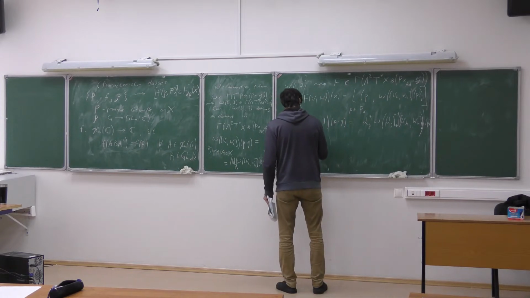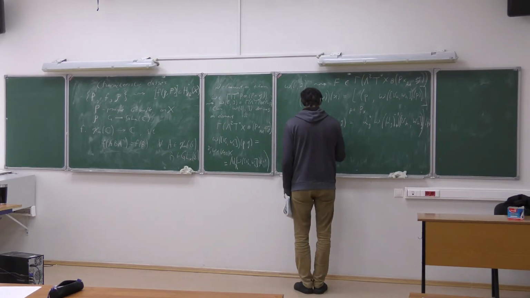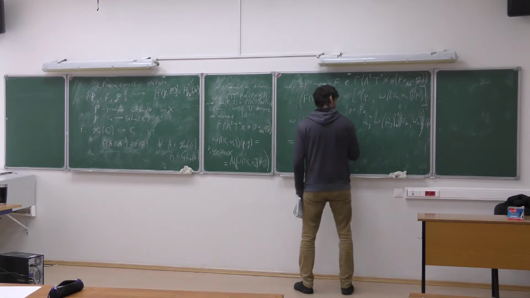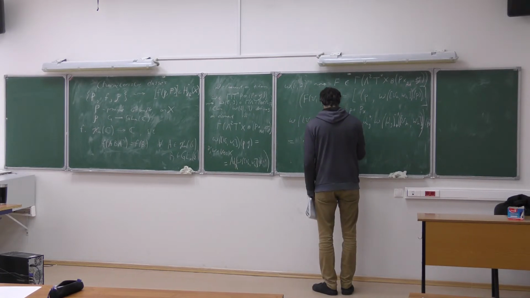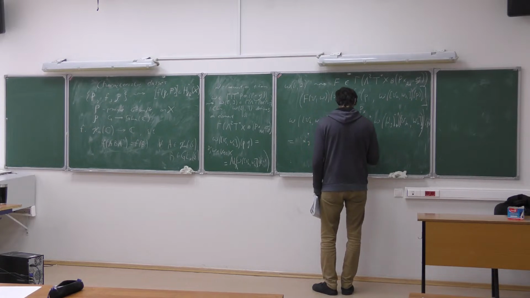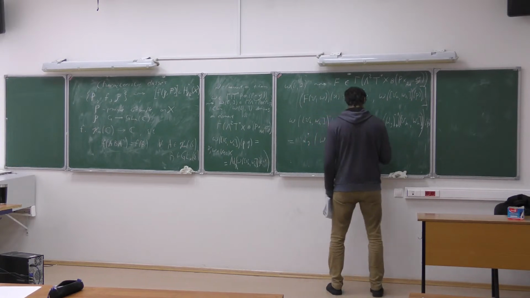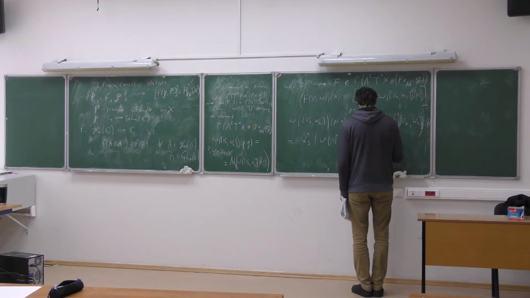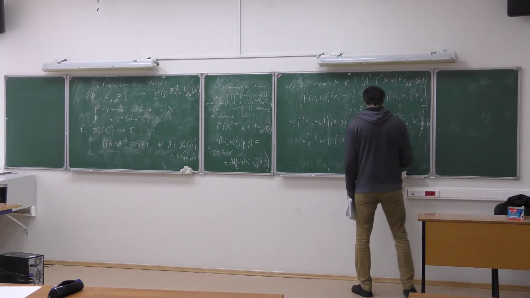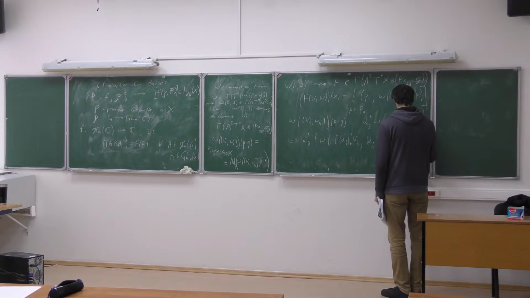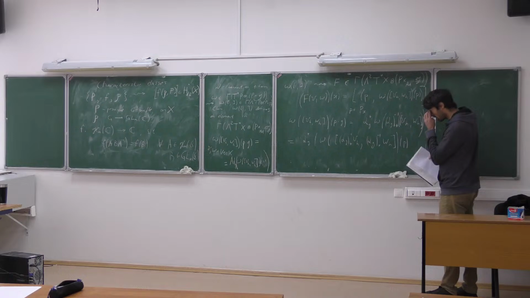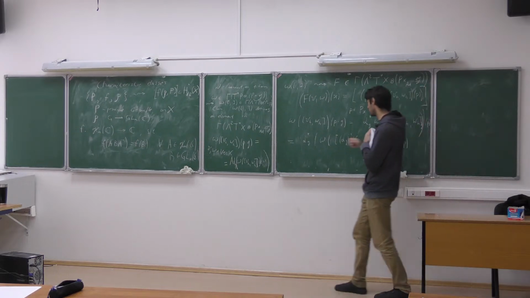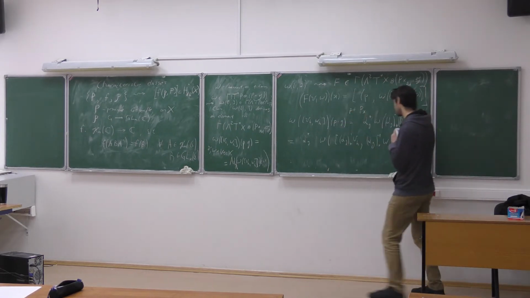Alpha G star of omega of the commutator of alpha G lower star inverse VH, alpha G lower star inverse WH at P. Now, I think I don't need parentheses here, right?